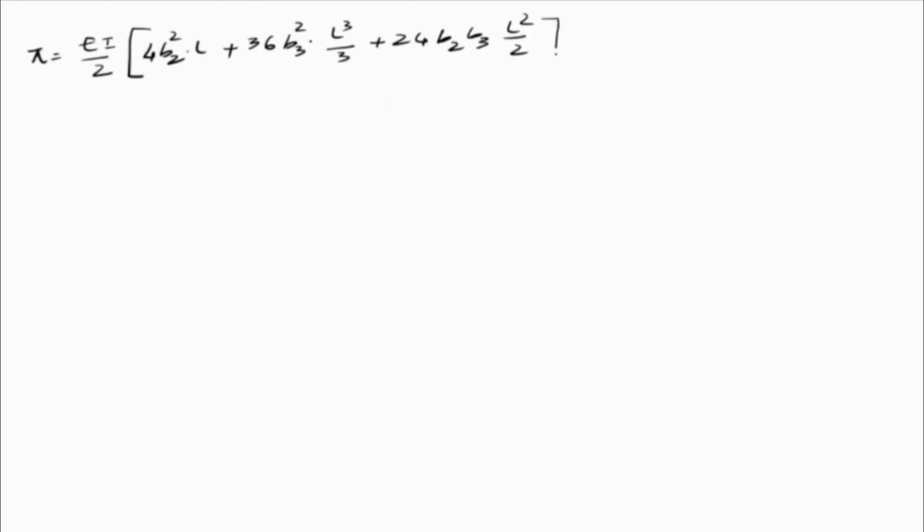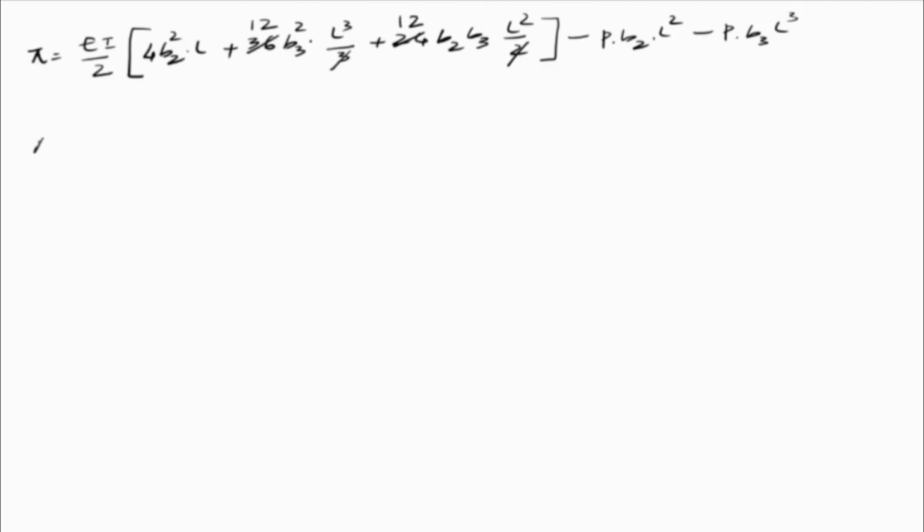Minus lower limit is 0, that I leave it. Minus p into b2 into L square minus p into b3 into L cube. The term I'll keep it as it is. Now this is the simplified one, or further if you want you can simplify it and minimize it, because here it is 2, this is 12, 3, this is 12.